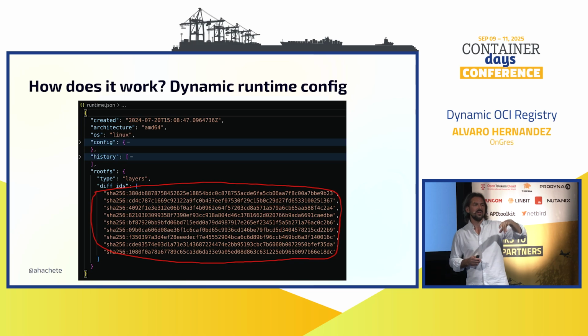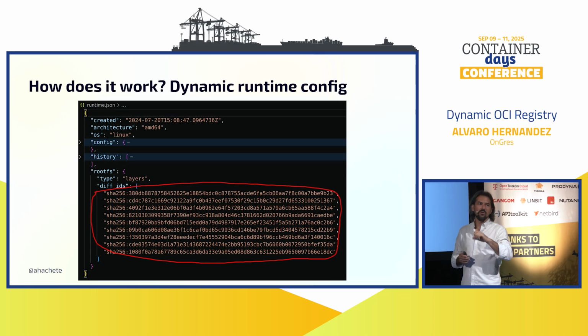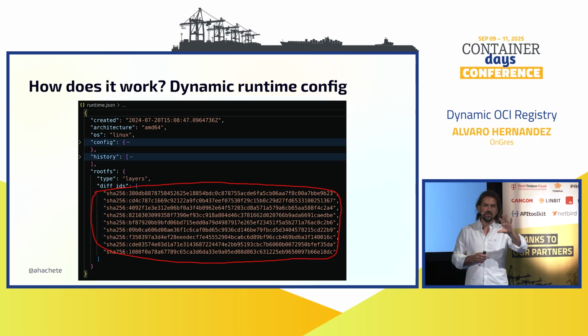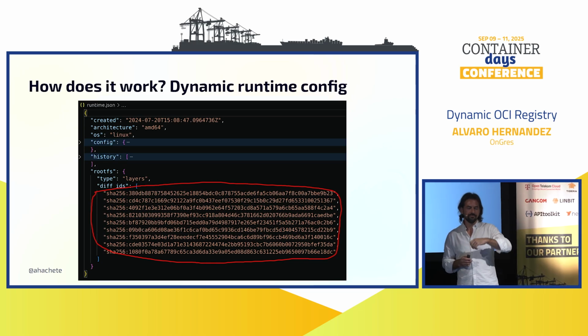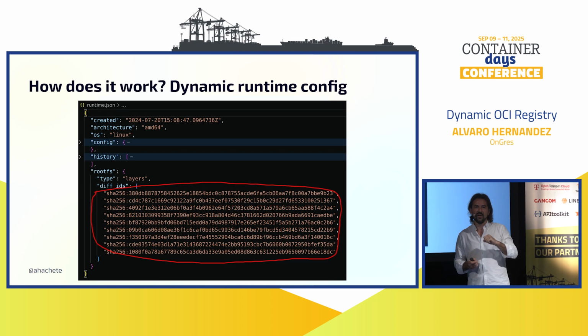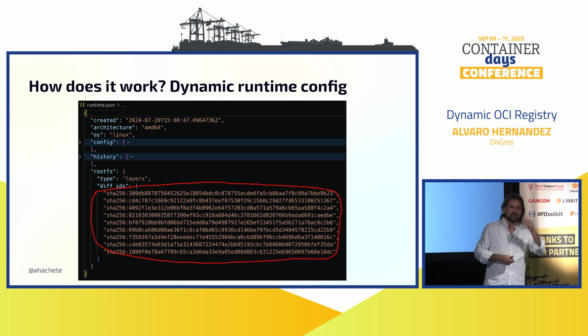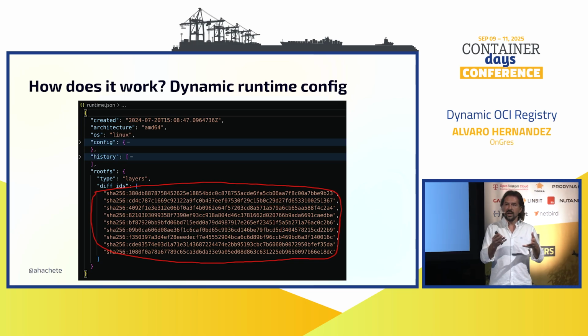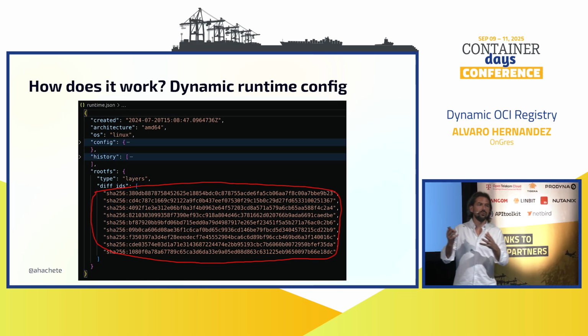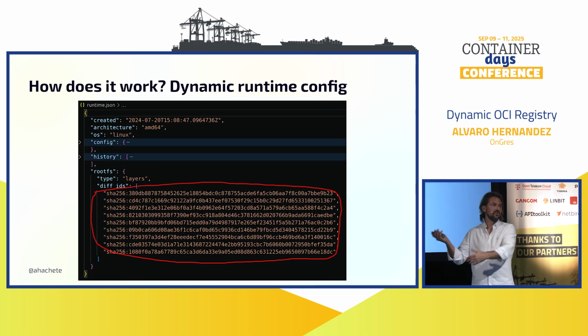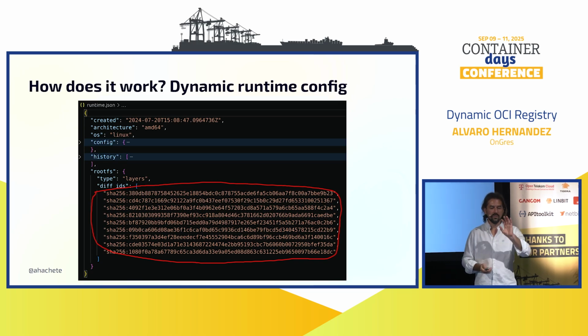That contains the digests of the uncompressed, this is very important, layers that form part of the image. This is used to build the file system, right? The effective file system on which the container image is going to run. So it's required like this. If we're adding layers dynamically, we obviously need to have an appropriate runtime config containing those entries there. So this is an area where we need to generate dynamically.